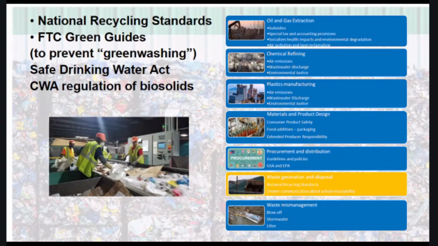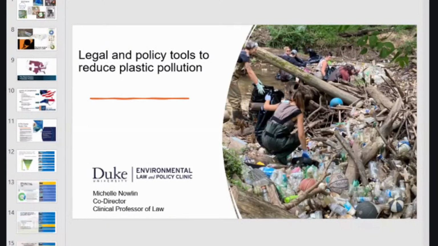We can also think about better utilization and enforcement of some of the green guides that the Federal Trade Commission has to make sure that those labels about what is biodegradable or what is actually recyclable have actual meaning and don't end up misleading consumers. So that's kind of a quick overview of different programs, policies that could be used.